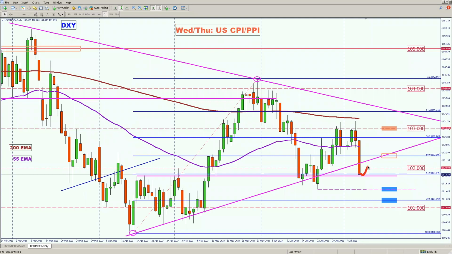That could be a reaction at the beginning of the week to retest this trend line break and to confirm that it's a bearish breakdown, and whether it's going to bounce off this support, the previous month's low, or it's going to go deeper.